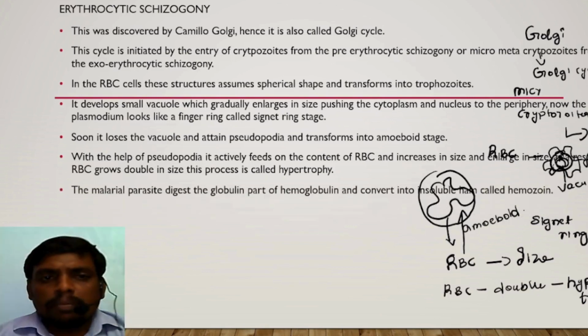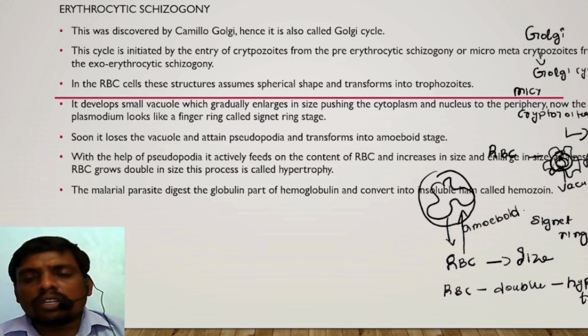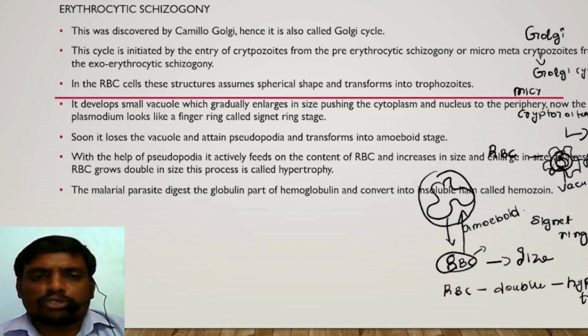The material inside the RBC contains various types of nutrients.